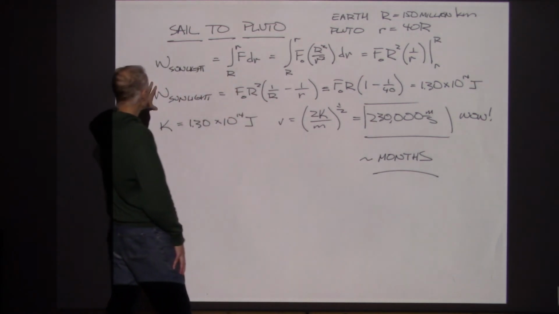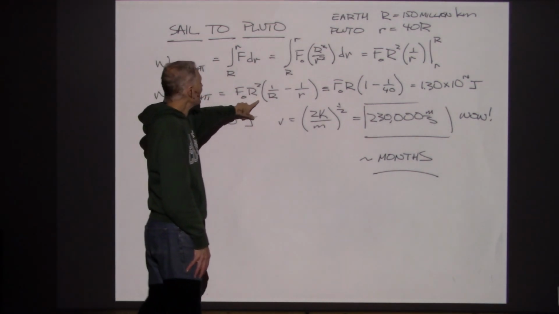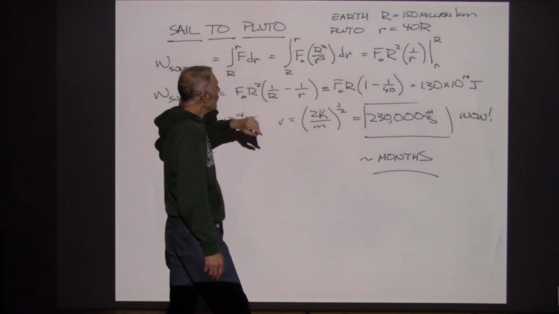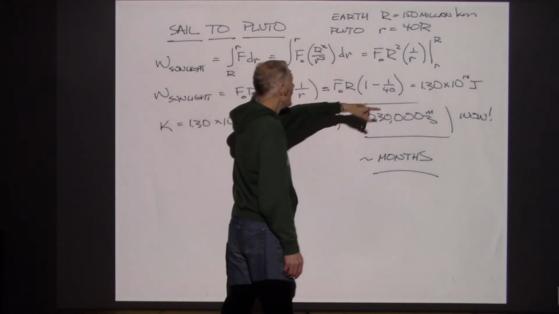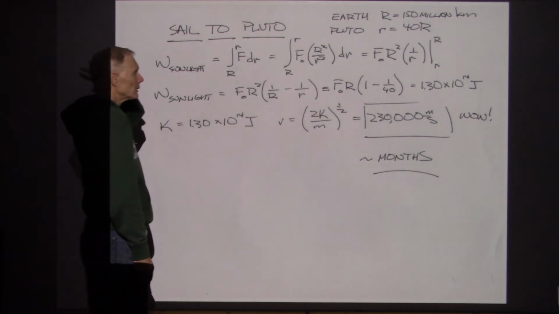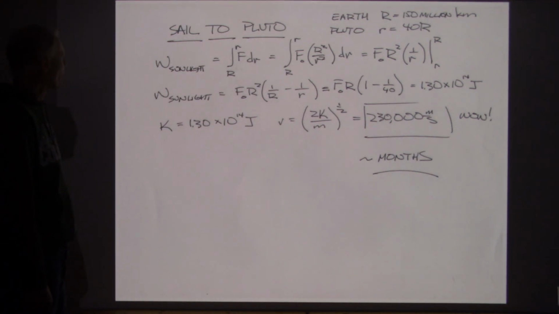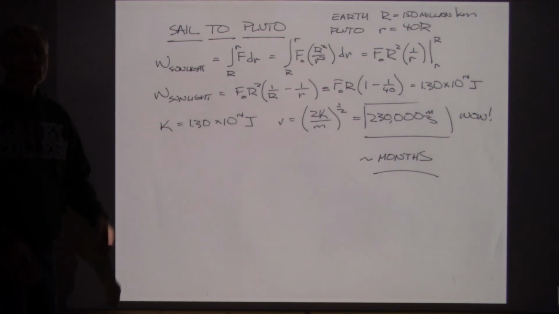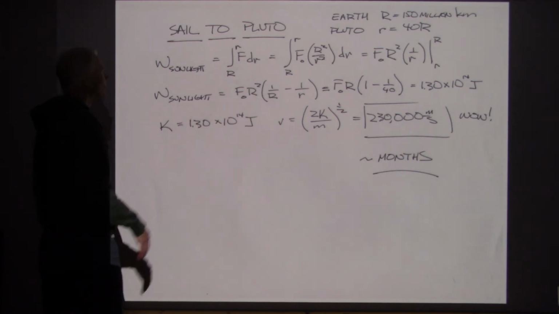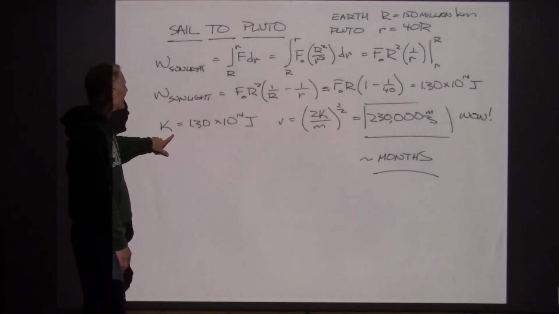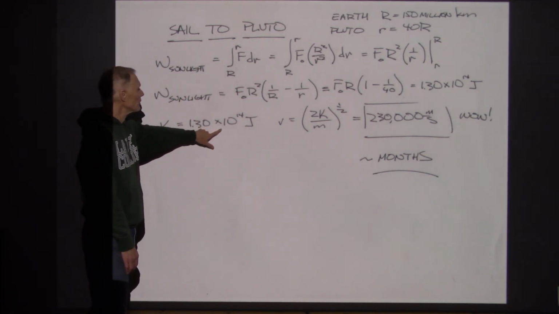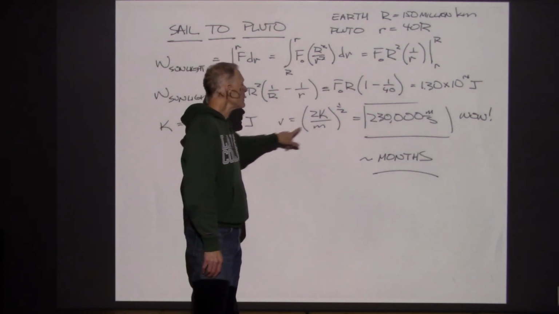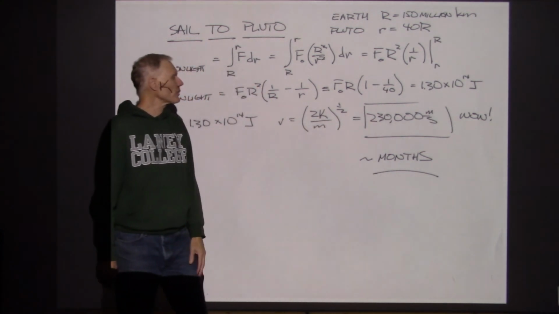So if I continue with the 870 newtons and I integrate this all the way out, I end up accumulating 1.3 times 10 to the 14 joules of kinetic energy. Now if that's the amount of energy that the solar sail has absorbed, 1.3 times 10 to the 14th joules would give us a speed of 230,000 meters per second.